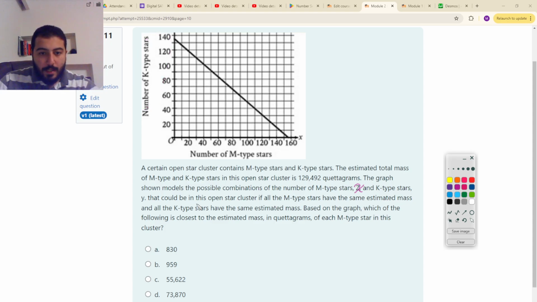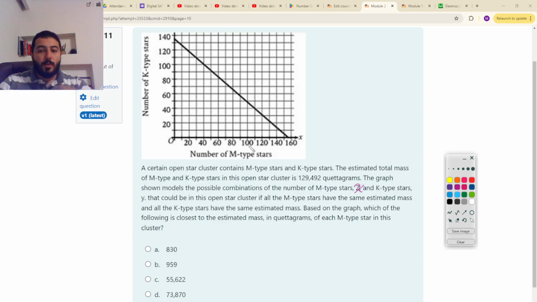So what is he asking for? In this open star cluster, all the M types stars have the same estimated mass, and all the K types stars have the same estimated mass. Based on the graph, which of the following is closest to the estimated mass in Q of each M star in this cluster?